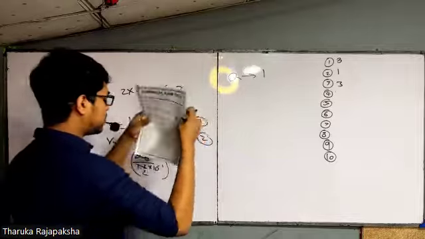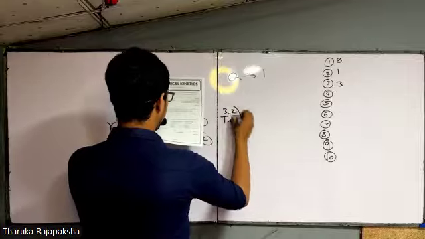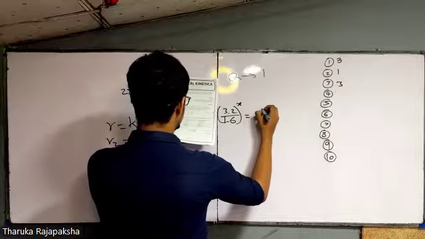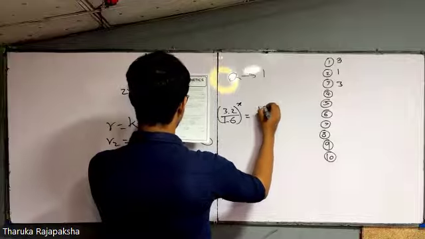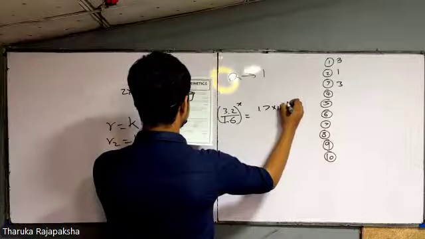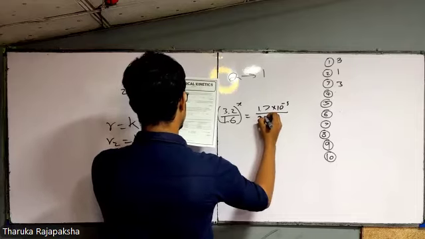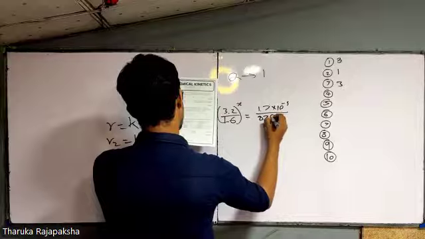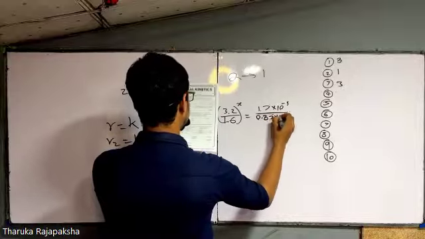The other one we can see, 3.2 divided by 1.6 to the power x, let's say, is equal to 1.7 10 to the power minus 5 divided by 0.87 into 10 to the power minus 5.